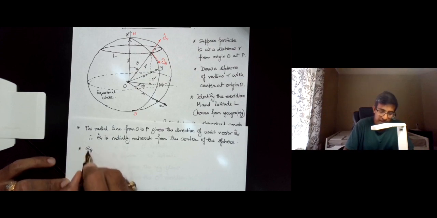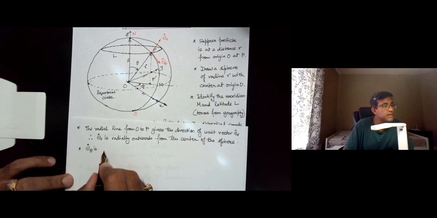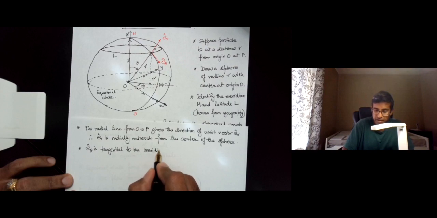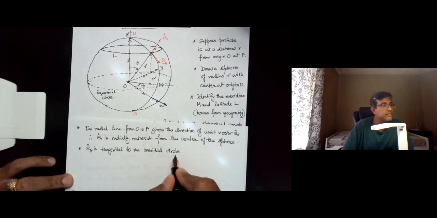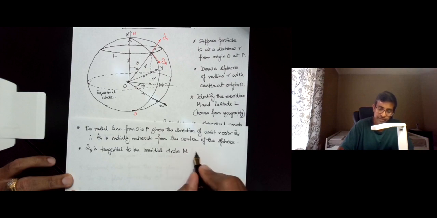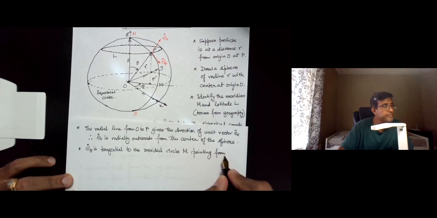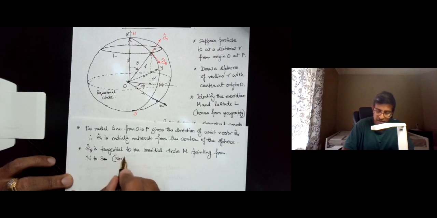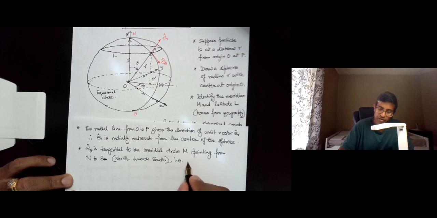So E theta is tangential to the meridional circle M, pointing from north towards south, towards S, that is away from the top.